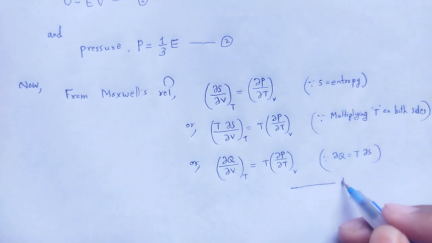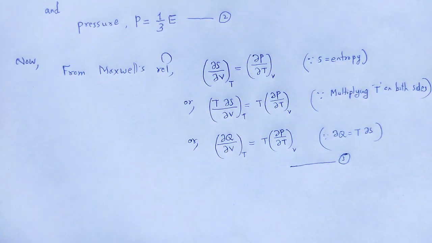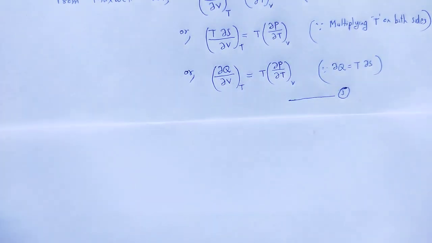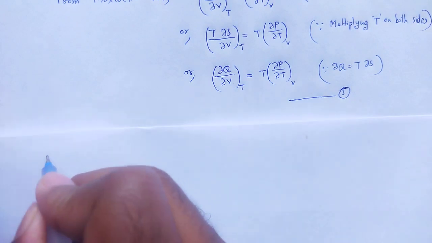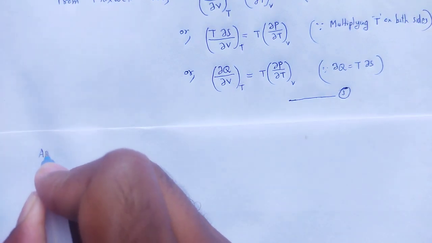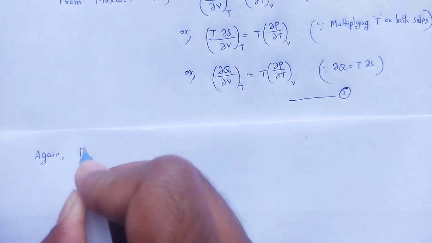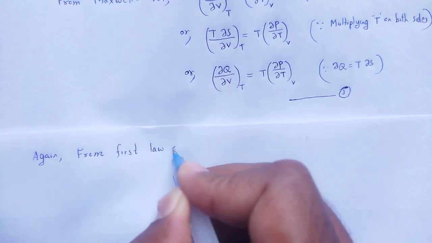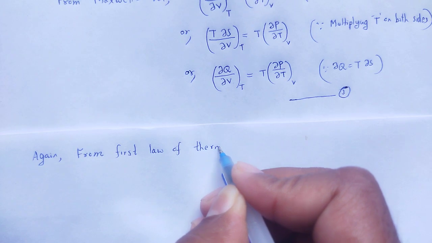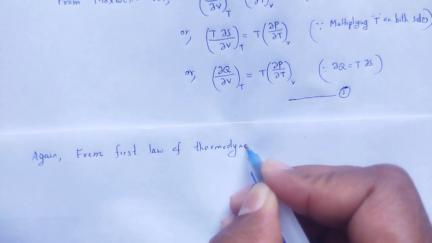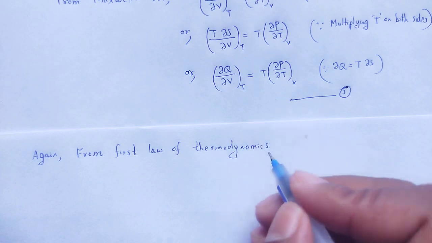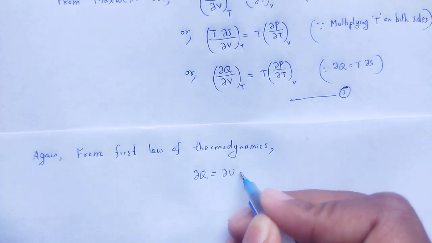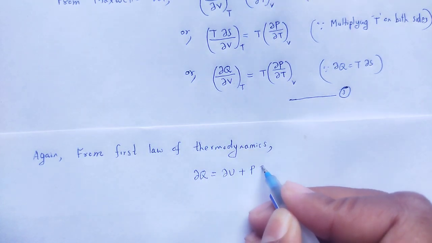This is equation number 3. From the first law of thermodynamics, we can get the value of ∂Q again. ∂Q is equal to ∂U plus P ∂V.